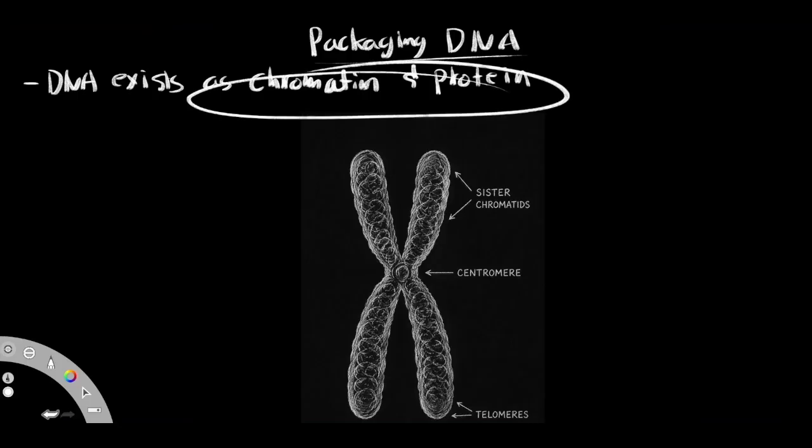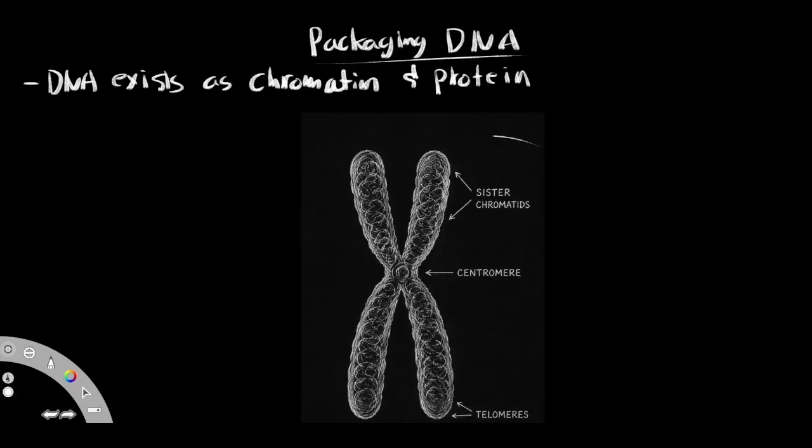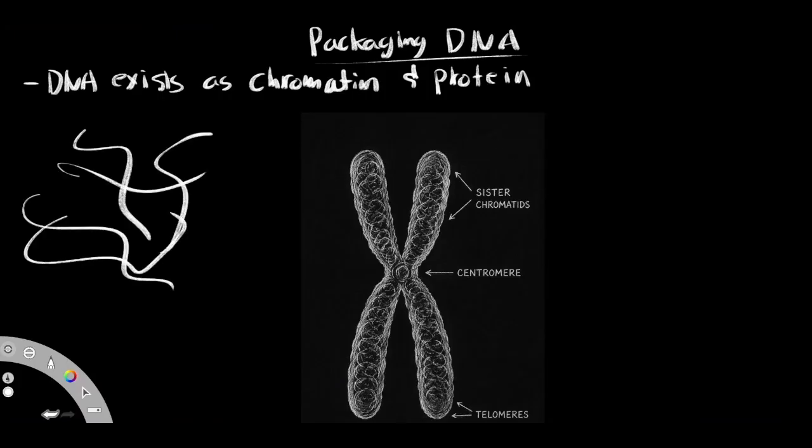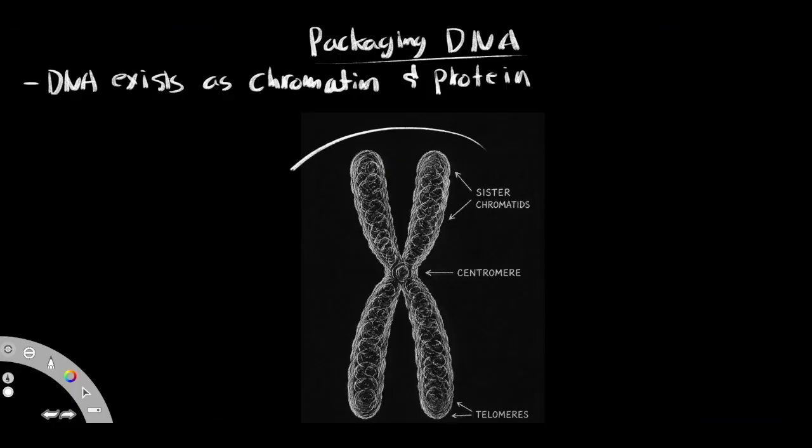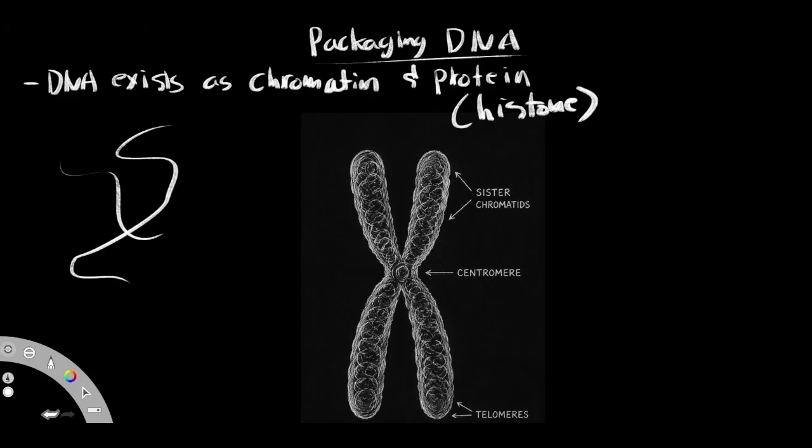But DNA has to eventually mature and become a shape looking more like this, as opposed to what I just said, like spaghetti strings. So this organization that it eventually becomes is thanks to some of the proteins, also known as some histone proteins. All right, so the histone proteins are where these things, the string-like chromatin, that is pretty much what DNA is, right? It wraps around these histone proteins.